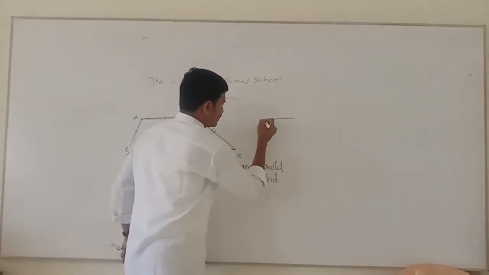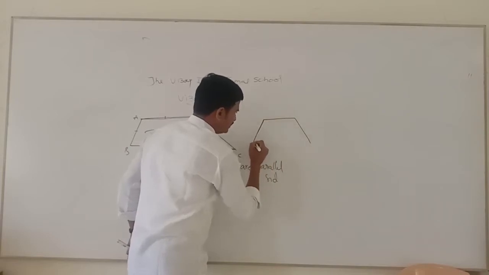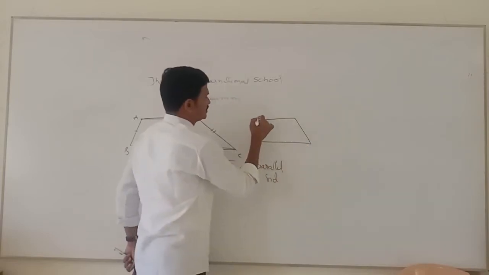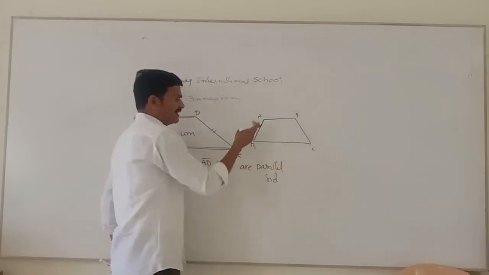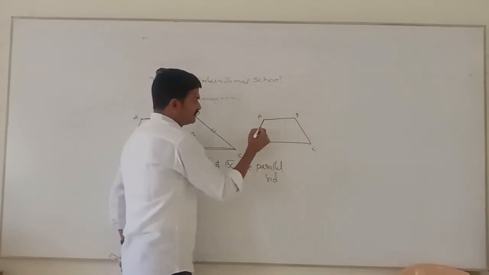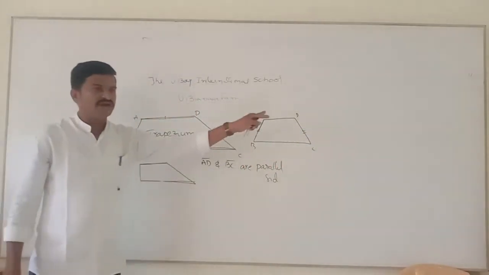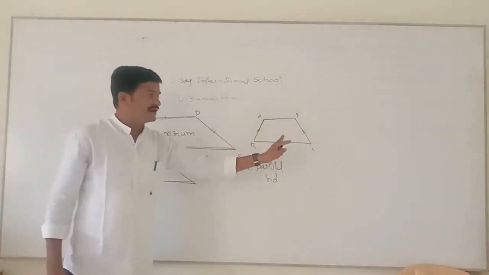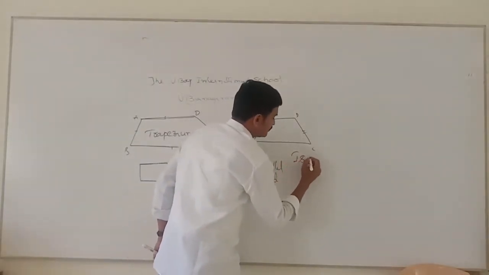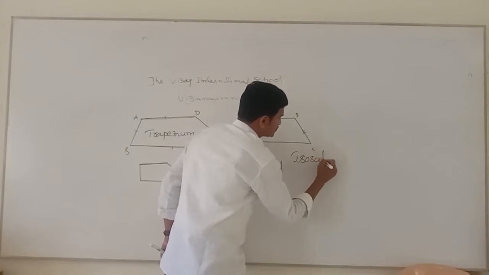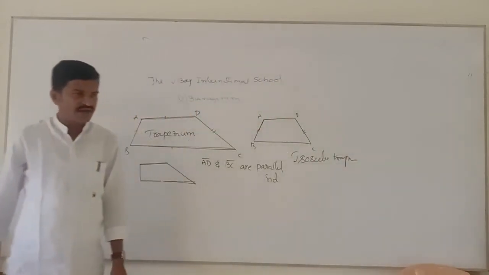This is A, B, C, D. The non-parallel sides are AB and DC only. If this length and this length are equal, if the non-parallel sides of a trapezium are equal, then it is called an isosceles trapezium. Are you clear or not?